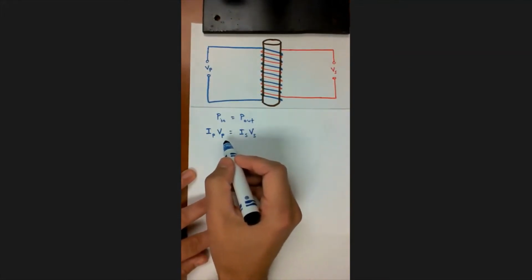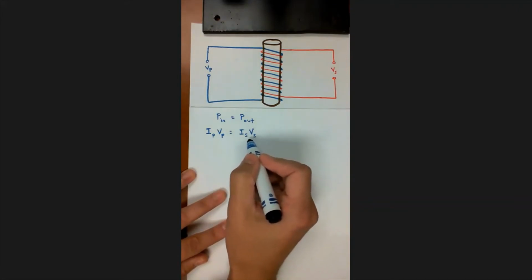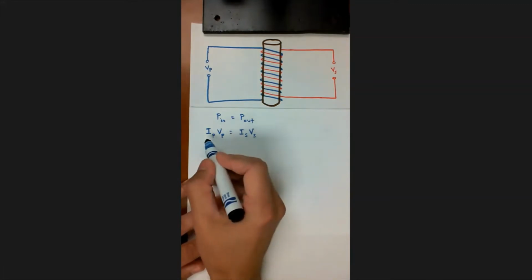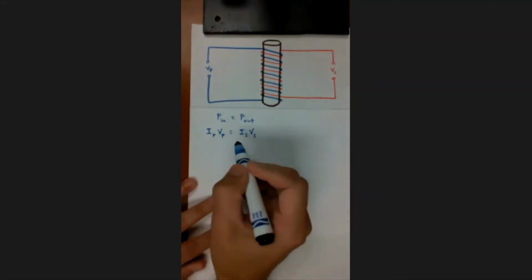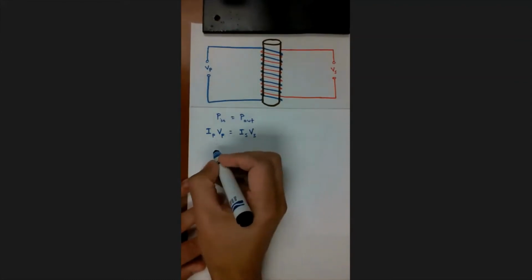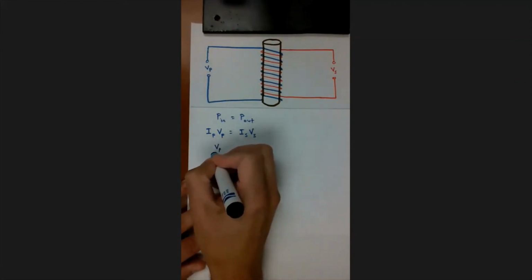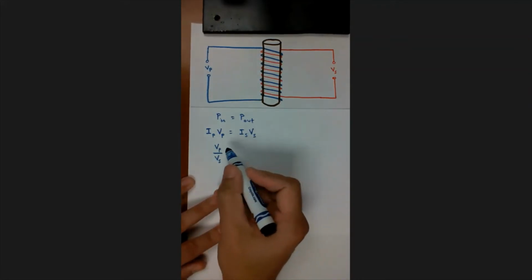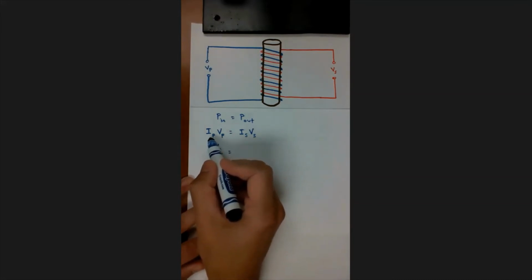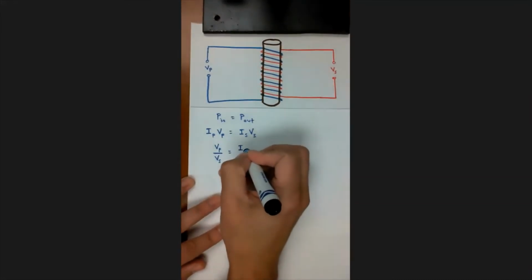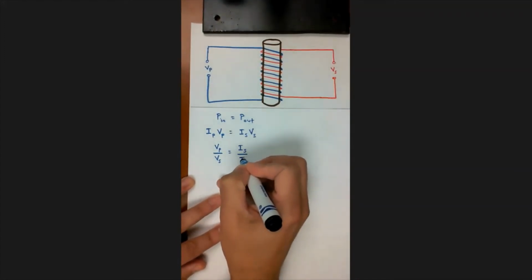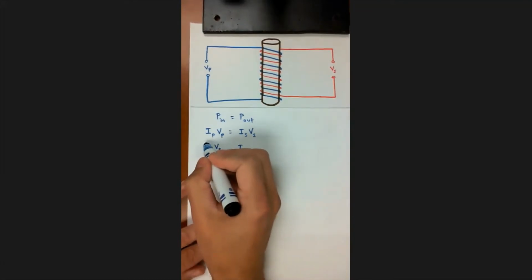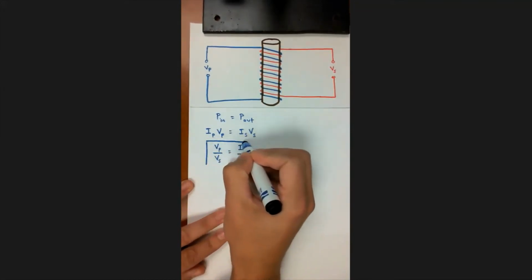I'm going to divide both sides by v sub s, and then divide both sides by I sub p. That gets me v sub p divided by v sub s equals I sub s divided by I sub p. That's the second transformer equation that's important to know.